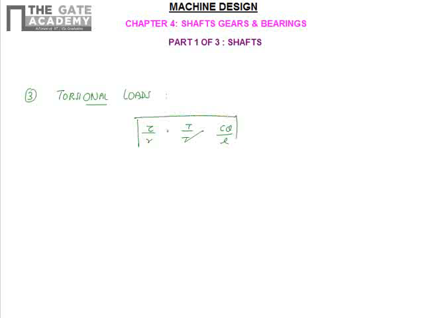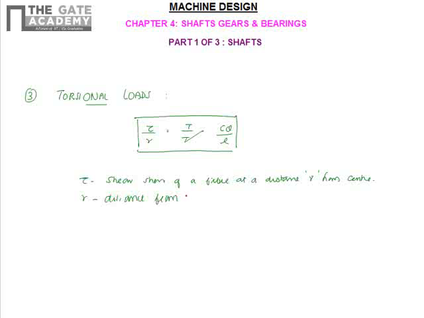This equation we have come across in the strength of materials, where tau is the shear stress of a fiber at a distance r from the center of a radial fiber, and r is the distance from the center.